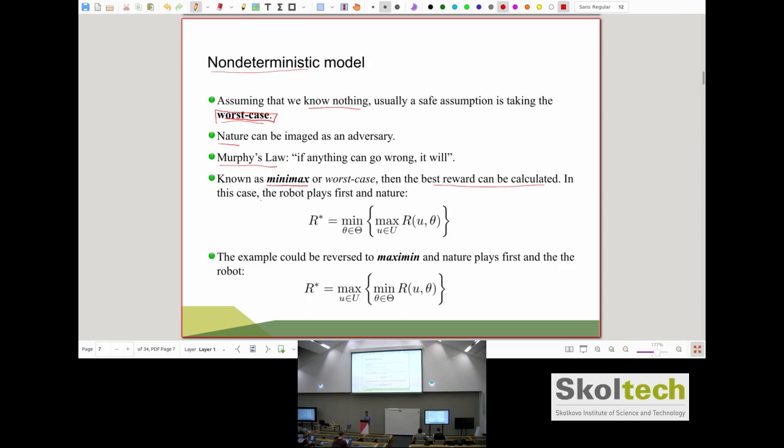And then if, say, the robot plays first, we should be writing things like this. Okay, so this is what we mean. The robot plays first here. It takes an action. In this case, it's taking the maximum action that it could get, right? And see this little variable here. The reward basically depends on a pair of inputs, both actions from the agent and from nature.